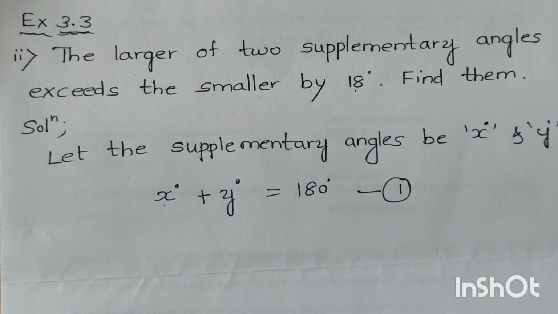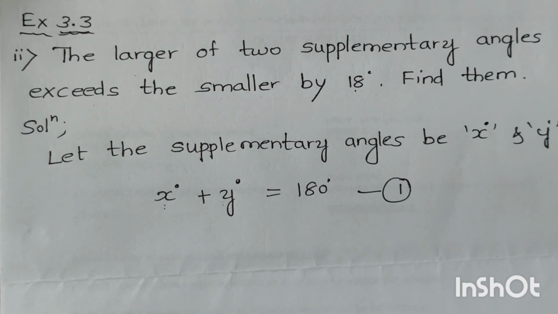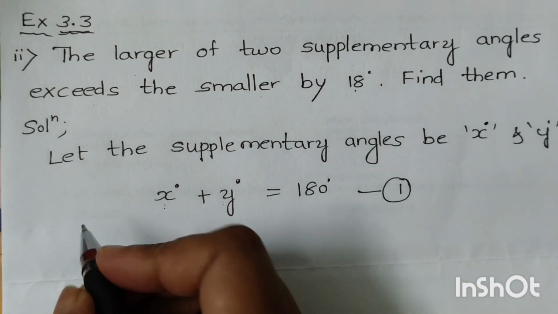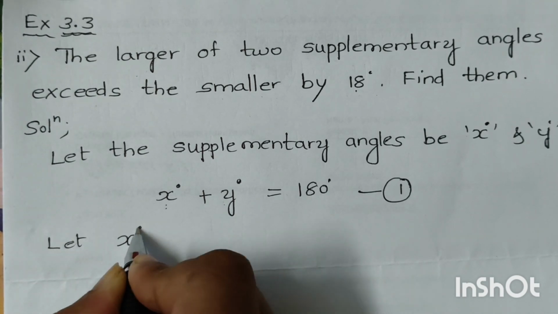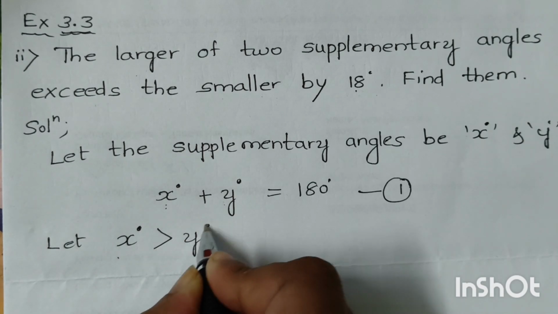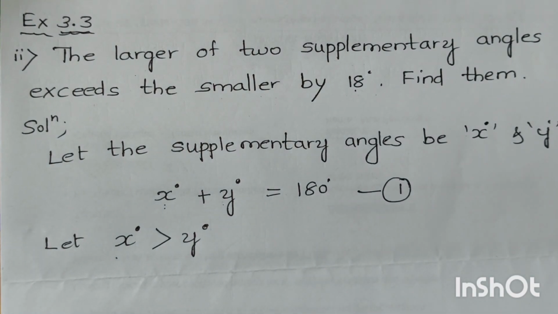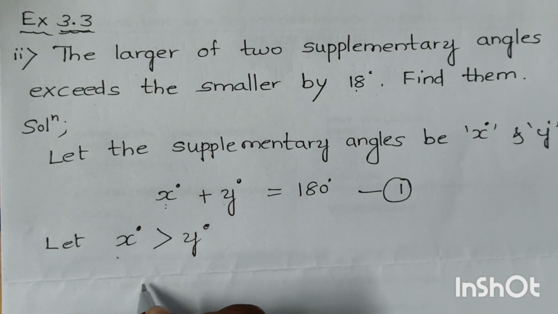Now let us consider this x as the greater angle or the larger angle. Let angle x be more than y. Then how much is it more? 18 degree it is more. More means how can you write?